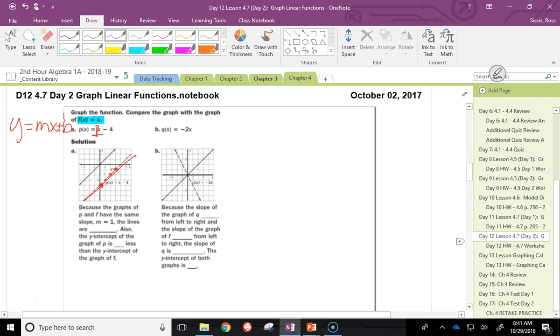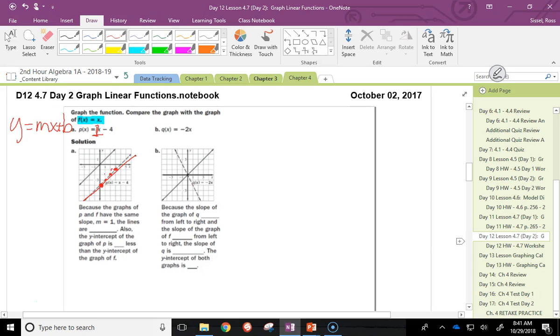They're parallel. Yes. These two are parallel because they have the same slope, right? So we did not change the slope. But what did we change? The y-intercept. Yes. So we translated it down 4 units, right? So it's like the same line, just shifted down.